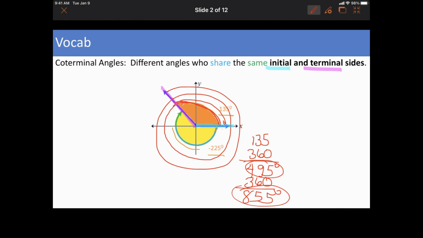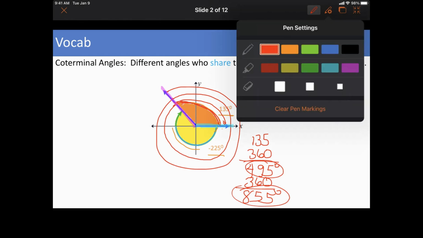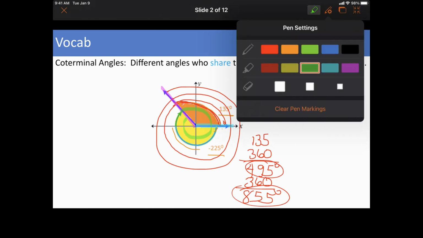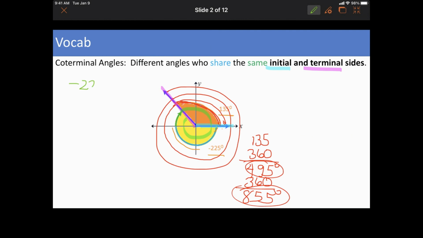What about another negative one? Could I have another negative one? Okay, I'm going to draw it on the inside. So what if I did a rotation inside like that? So that would be negative 225 and taking away another 360, and just going more in the clockwise direction. I found another negative.